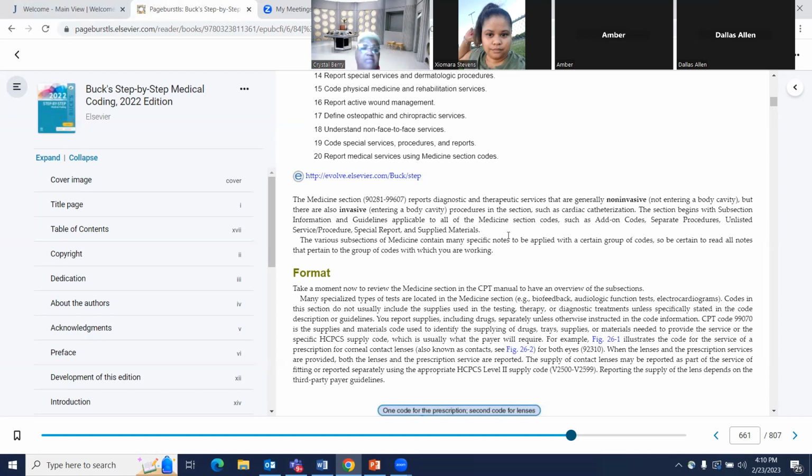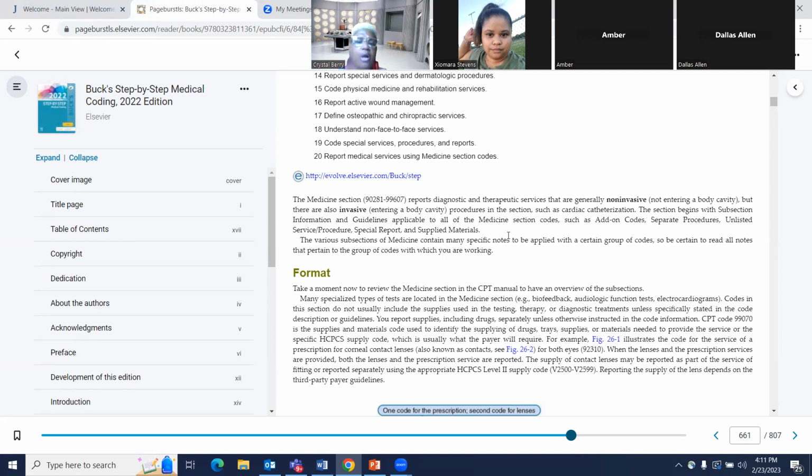So in your CPT manual, the medicine section, I have different books. On page 691, it starts on page 691 for CPT manual 2021. I just received a week ago my 2023 edition, which starts on page 715. Dallas, which CPT manual did you get? What year? 22.